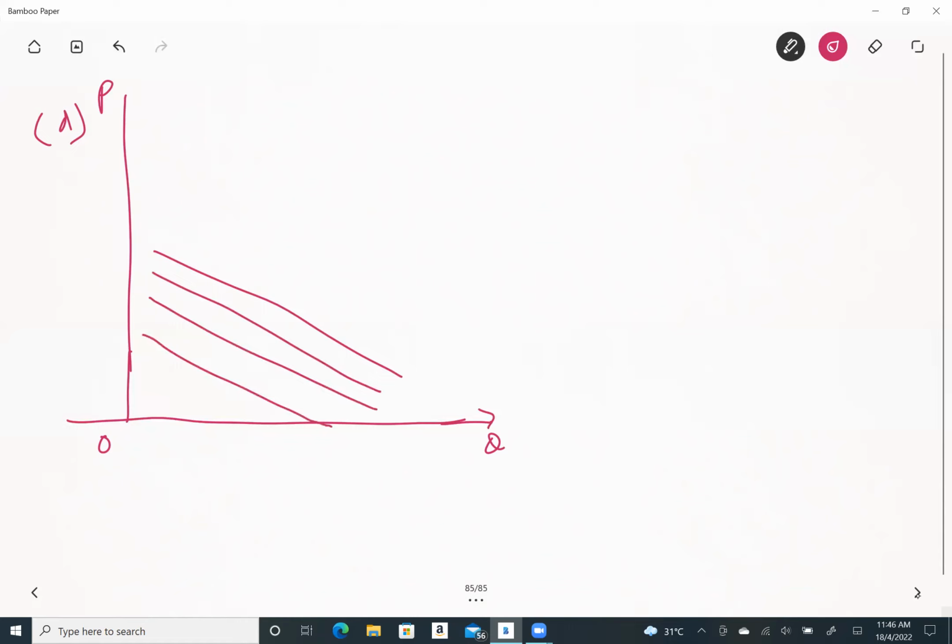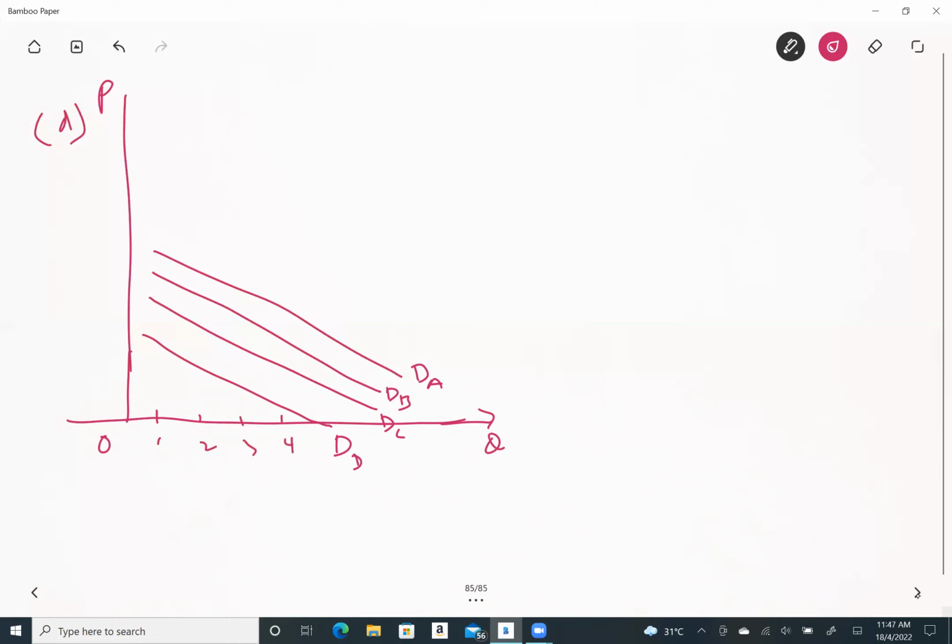So you can see here, this is the demand for A, Alice. This is the demand for B. Demand for C, demand for D. The highest is Alice. And then you add them up at each Q. So here I got 1, 2, 3, 4.